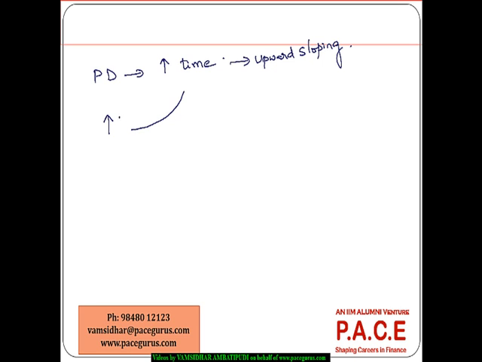But if we are talking about a credit curve which is more and more inverted, we could clearly see that the probability of default is much higher in the earlier years, but it can go down in the later years. Or if it is more and more flat, we can see somewhere in the middle.